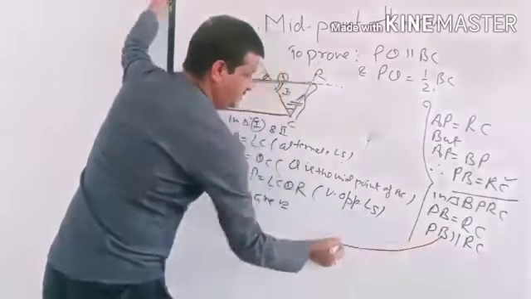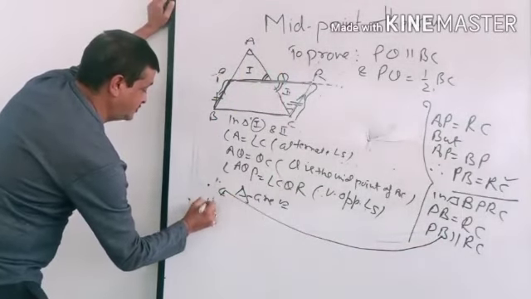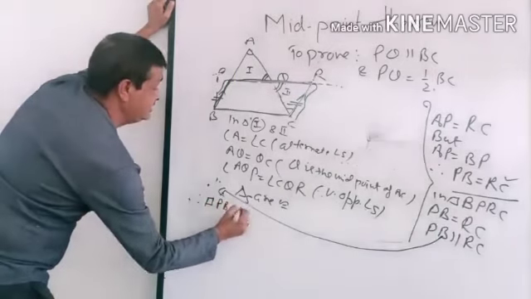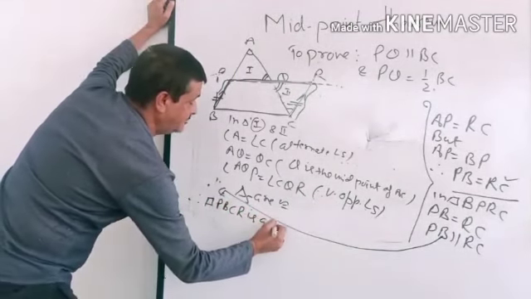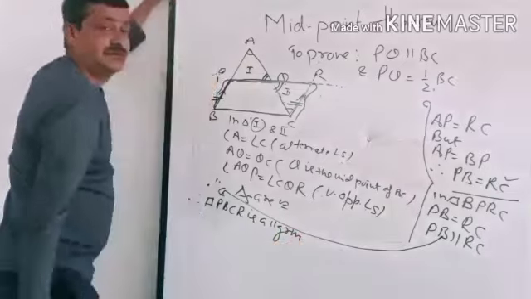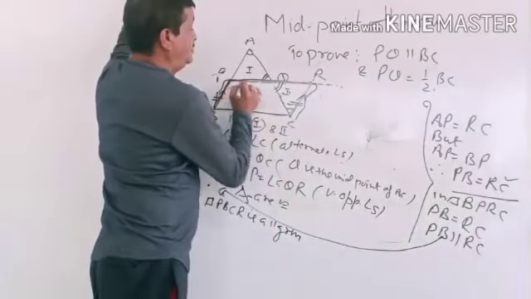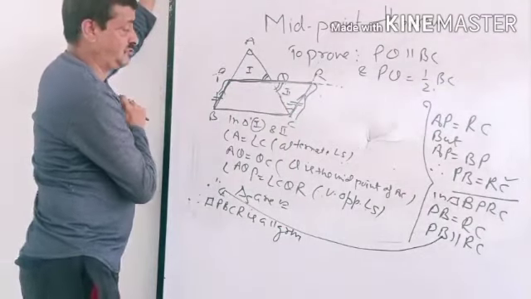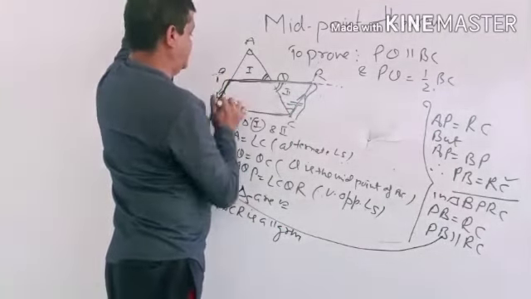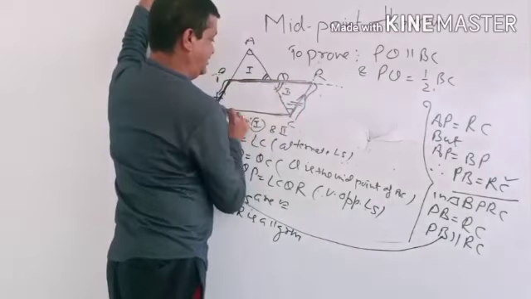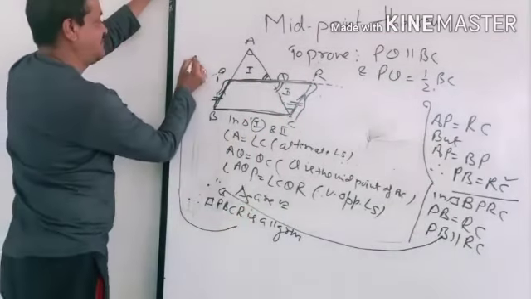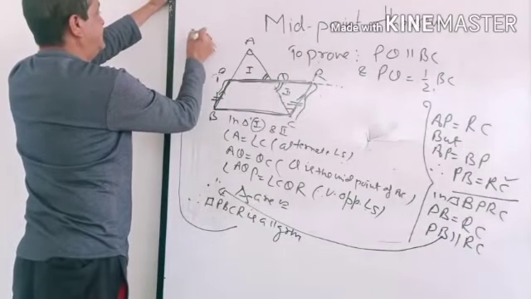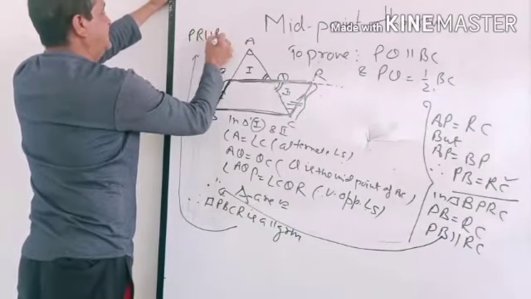So with the help of this result, we get, therefore, quadrilateral PBCR is a parallelogram. Why did we prove this parallelogram? Once it is proven, we will apply the property of a parallelogram: opposite sides are parallel. From this we are getting the result PR is parallel to BC.